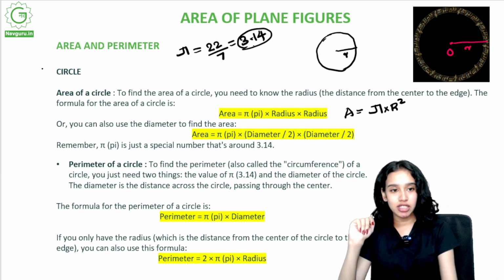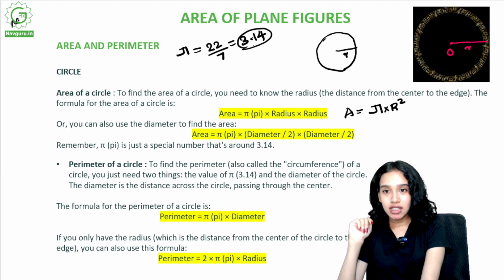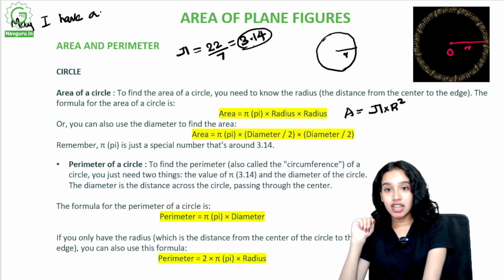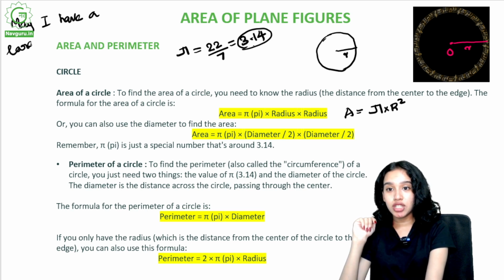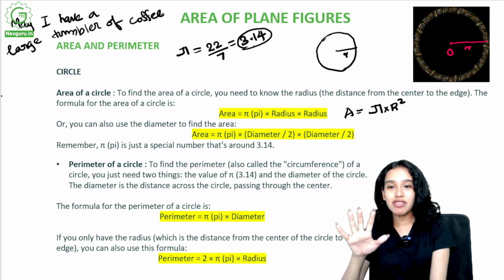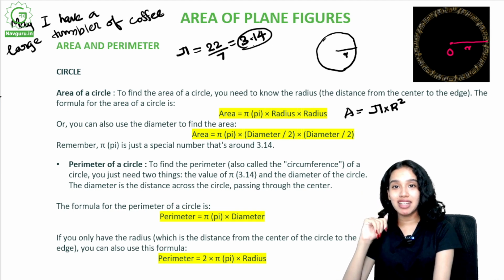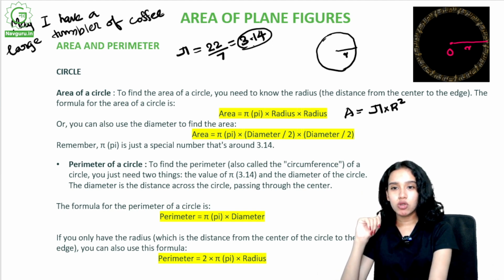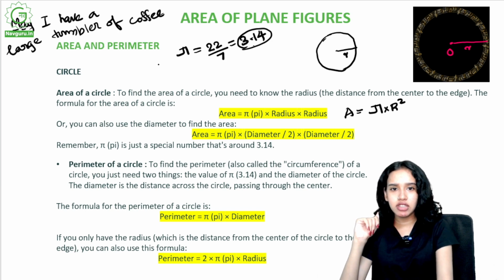So there is a statement: "May I have a large tumbler of coffee." So this gives us the value of pi. How come? Let's see. "May" has 3 letters.